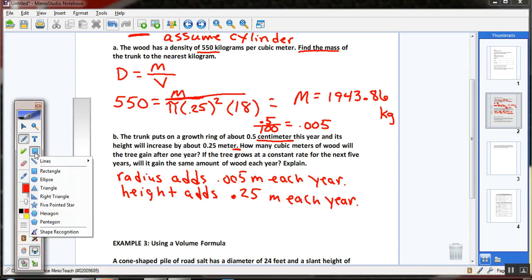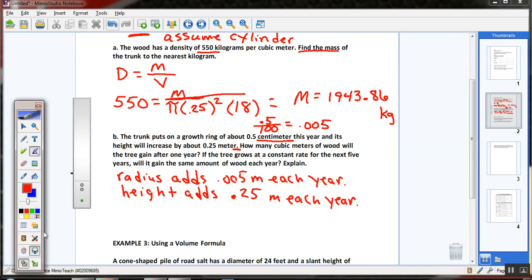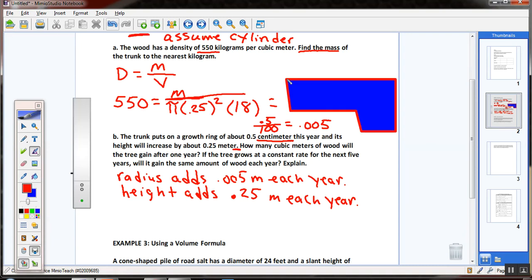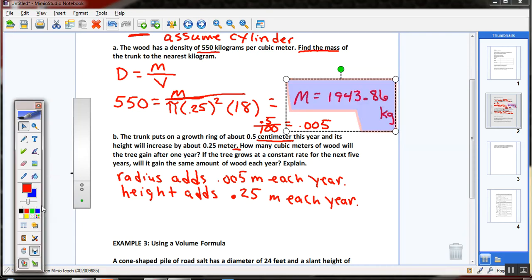What was our original mass, kids? 1,943.86 kilograms.